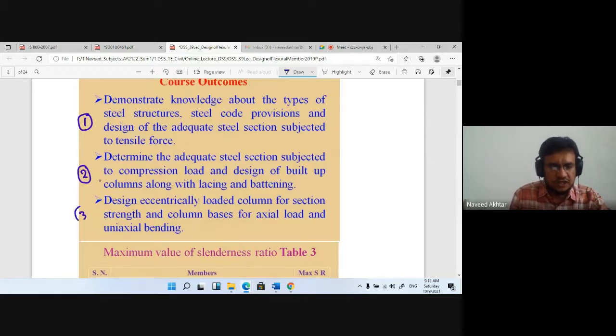And unit number 3, we have completed design of eccentrically loaded column for section strength only, and the design of column bases for axial load and uniaxial bending, as in case of your seen design of slab base and gusseted base.